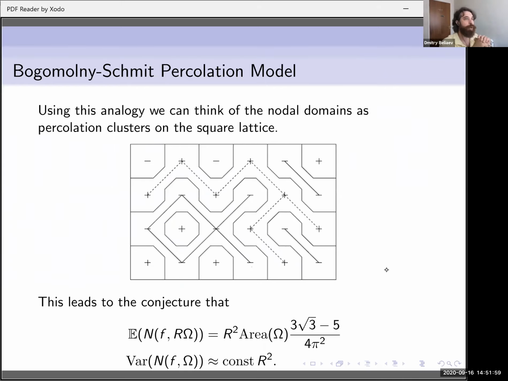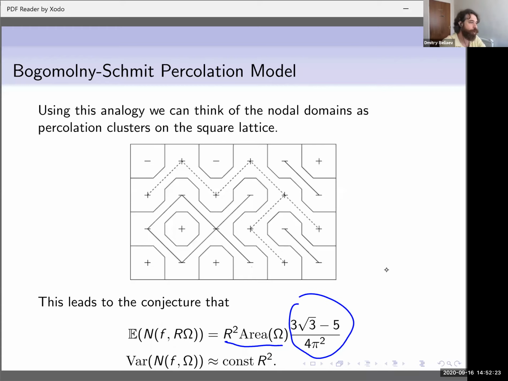And as I will explain in a moment, these types of pictures are really a percolation model on the square lattice. And for percolation on the square lattice, some things can be computed explicitly. In particular, the number of percolation clusters is just area times some explicit constant.